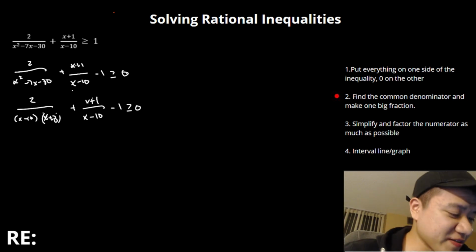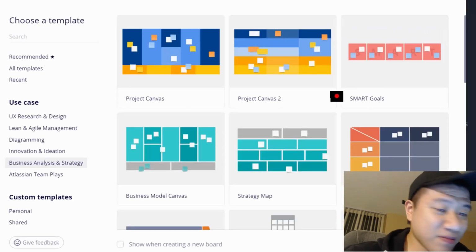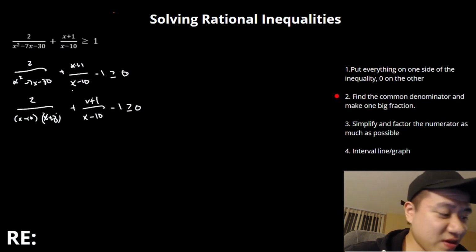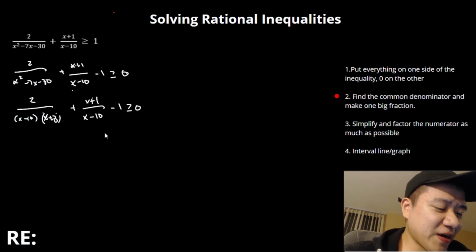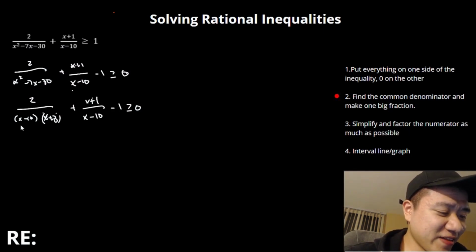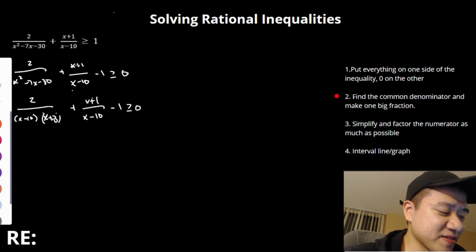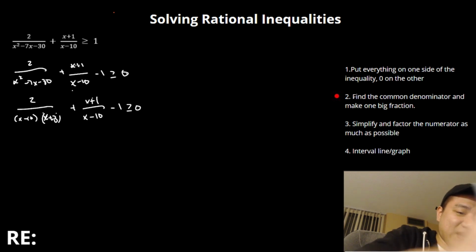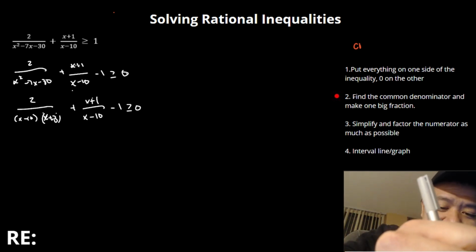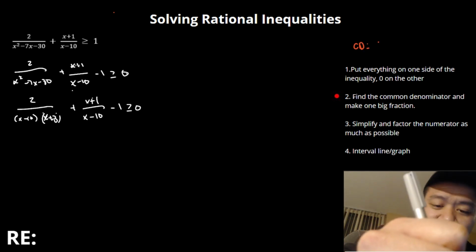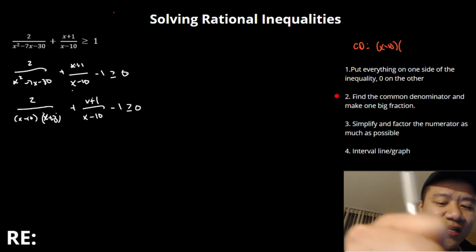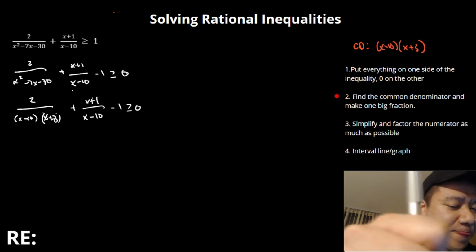Okay, so once we did this, we were able to figure out that there's some common stuff over here. So our common denominator is actually just going to be x plus 3 and x minus 10. We can kind of forego this last one since it's common for both fractions. So our CD, I'm going to write up here actually. CD is going to be x minus 10, x plus 3.